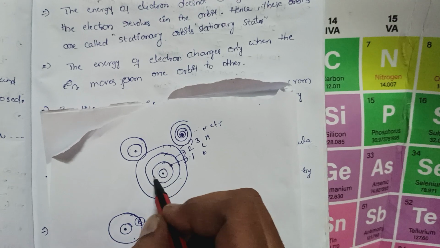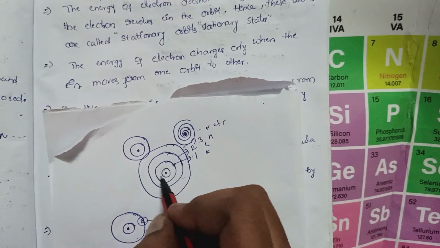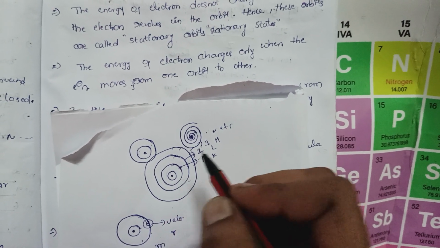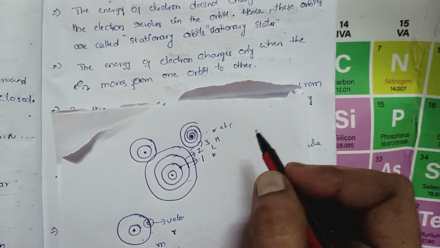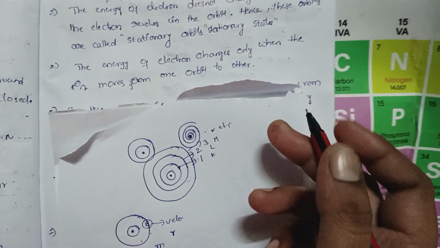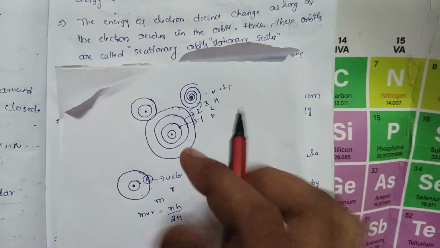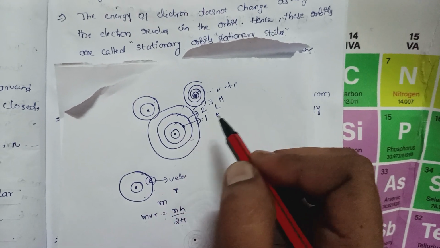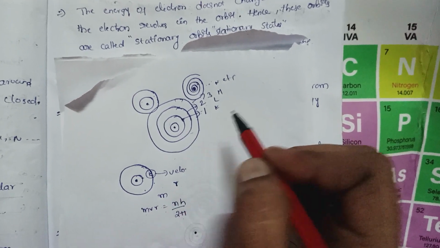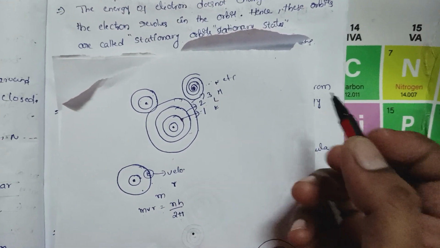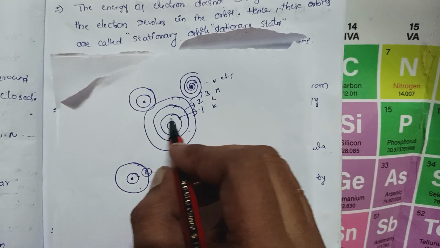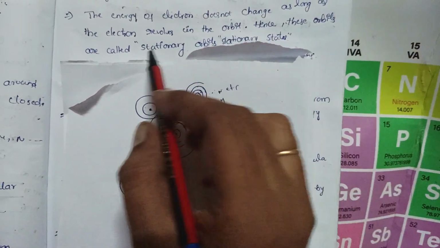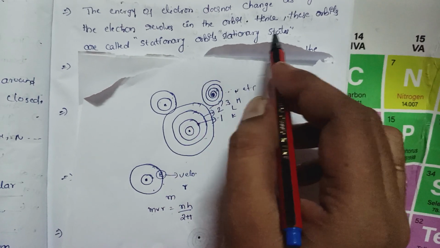When the electron revolves around the nucleus in a particular circular orbit, it won't lose energy or gain energy, neither losing nor gaining energy. So these energy levels are called stationary orbits or stationary states.